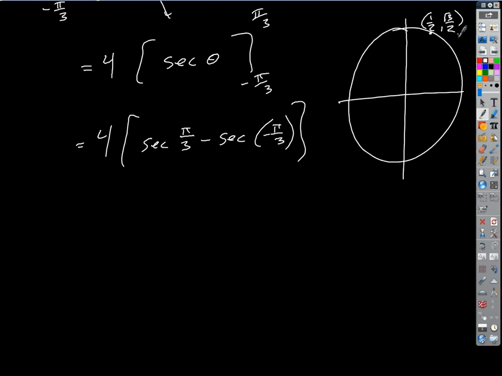So you know that's going to be this one right here. So you get the square root of 1 over the square root of 4, which over 2 is just 1/2.